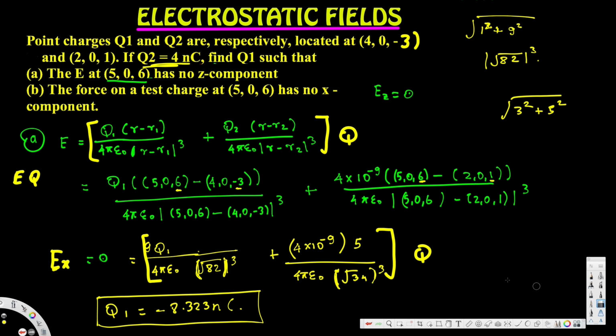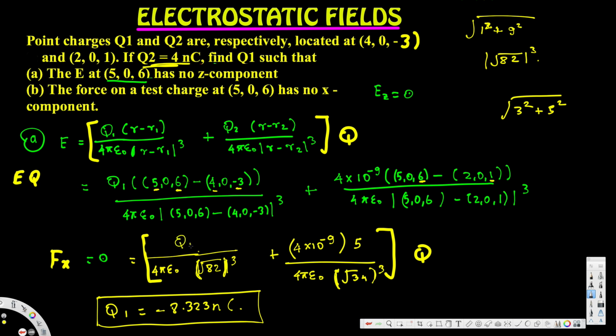But according to the given information, we know that this Fx is equal to 0. So we can just bring this Q to this side and make this one 0. And also we have to look at the x components. Previously we looked at z components, so when we look at the x component, things are going to change. Okay, now if you look at the x component, here what we have is 5 and minus 4, so this is going to be 1 q1.